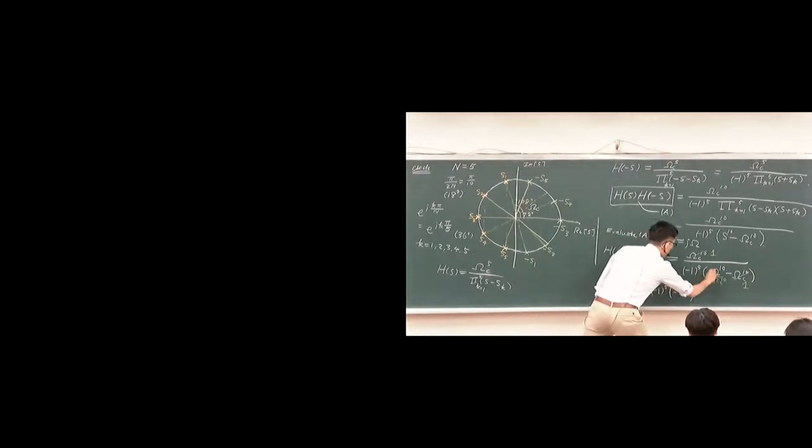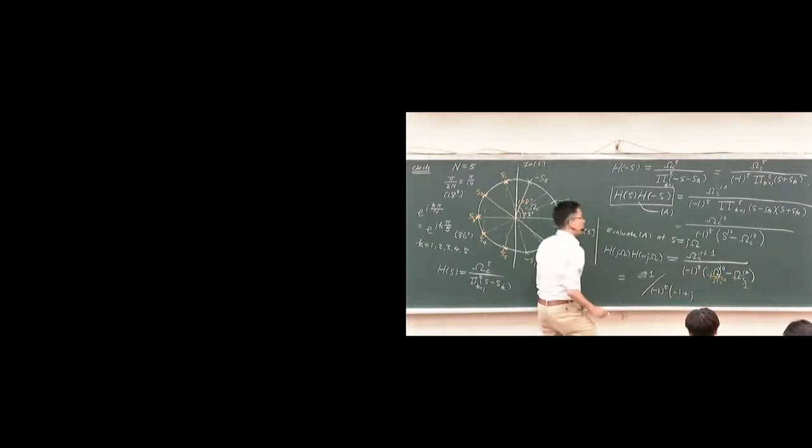I'm sorry, this actually, j omega is right, like that. Now, j to the 10th power and omega divided by omega c to the 10th power. So that's what we have at the bottom.